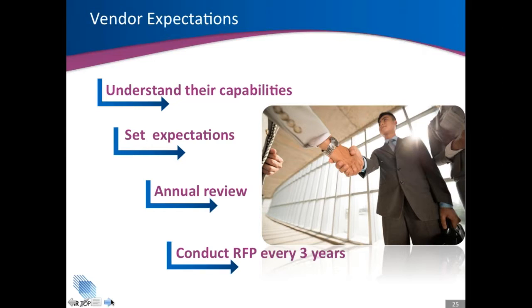I encourage you to rotate through so that every year, maybe you're looking at the competition of your payroll company. Next year, it might be your benefits vendor. The year after, it might be your 401k provider.